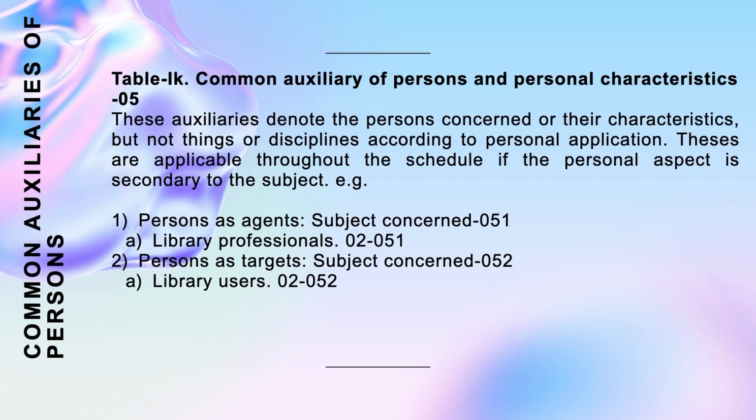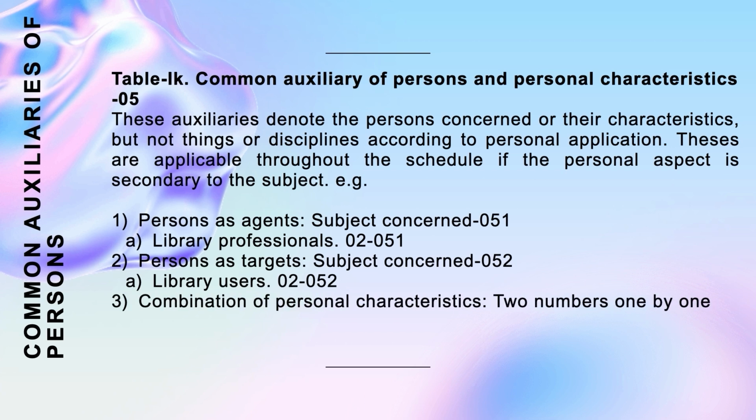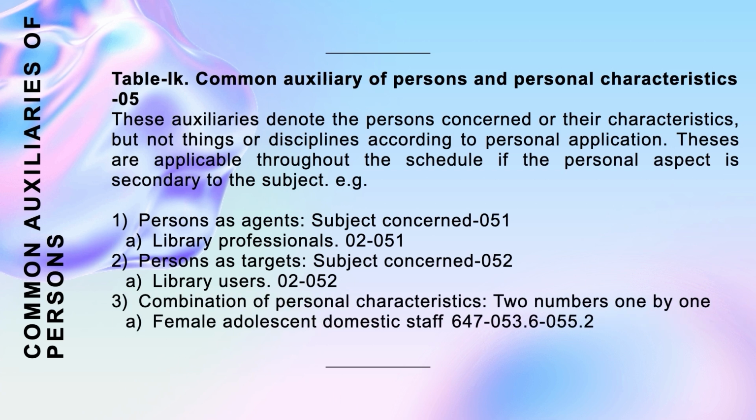Okay. Again you see the combination of personal characteristics, two numbers one by one. So the example is female adolescent domestic staff. There is a class number in the main UDC table, that is domestic staff, class number 647. And you see adolescent number is hyphen 053.6 in the person common auxiliary, and for female the class number is hyphen 055.2 in the person common auxiliary.